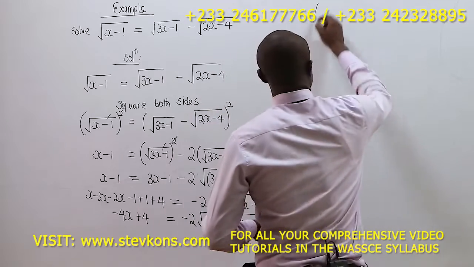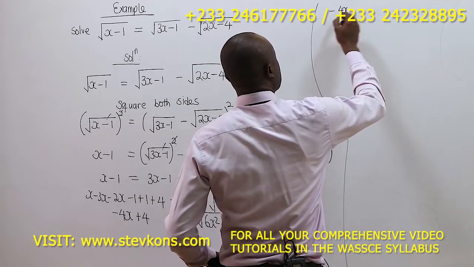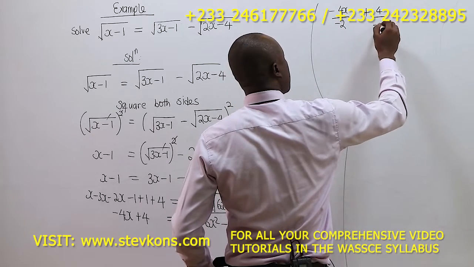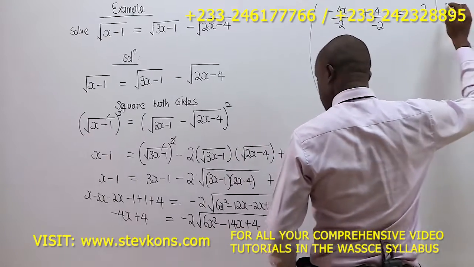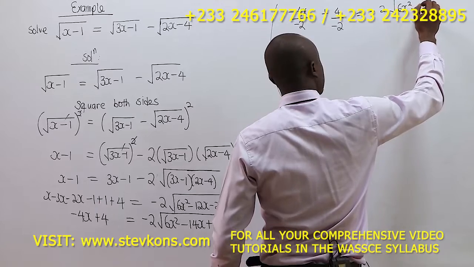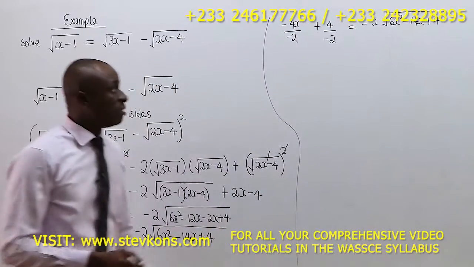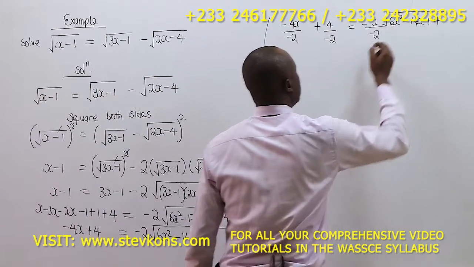And when we divide through by negative 2, we have negative 4x over negative 2 plus 4 over negative 2 equal to negative 2 root of 6x squared minus 14x plus 4 over negative 2.